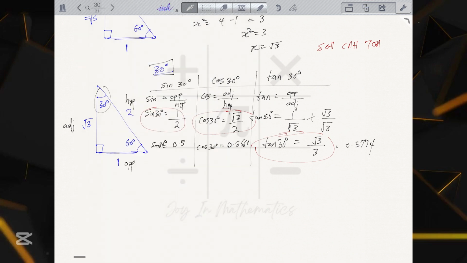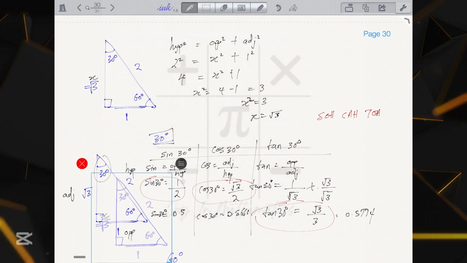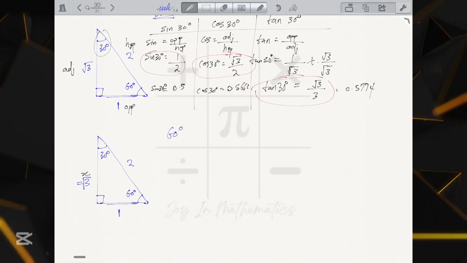Now let's move on to 60 degrees. Remember, all we just have to do is to duplicate this triangle with the dimensions. Let's duplicate, and we'll be dealing with this.